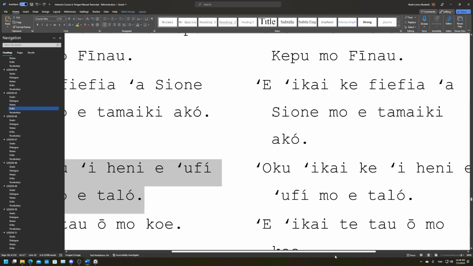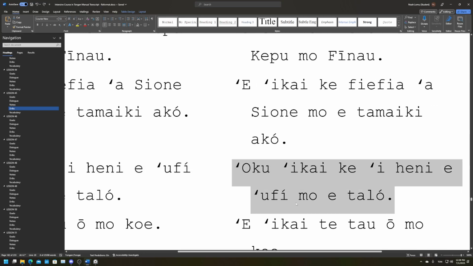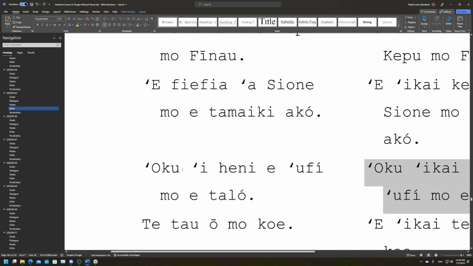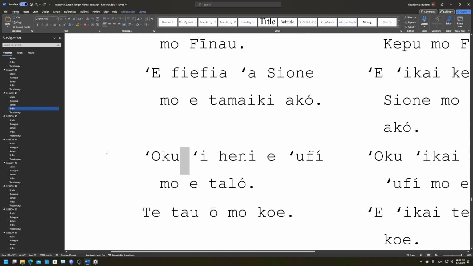It's close. So here, because there's no pronoun, all we have to do is add ikaike right here. And if we add ikaike here, then the sentence becomes negative.